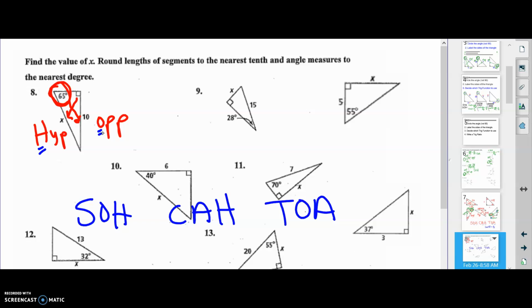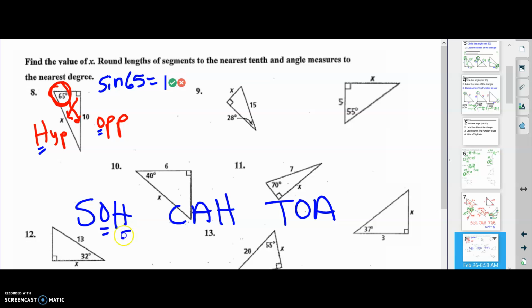So which one uses the O and the H? We're going to use sine. I'm going to write sine, and my angle is 65. Since my mnemonic says S-O-H, I want the O first. So my O was a 10.